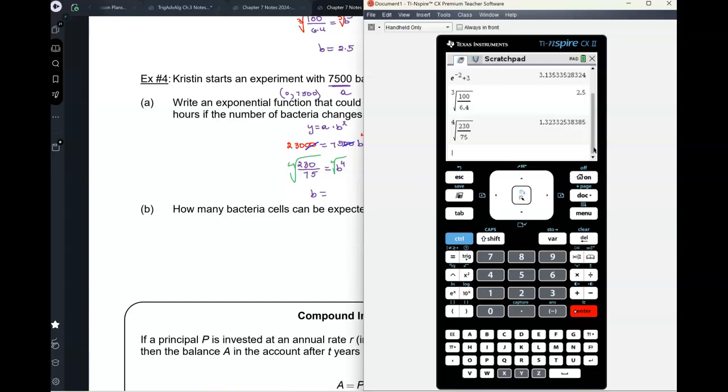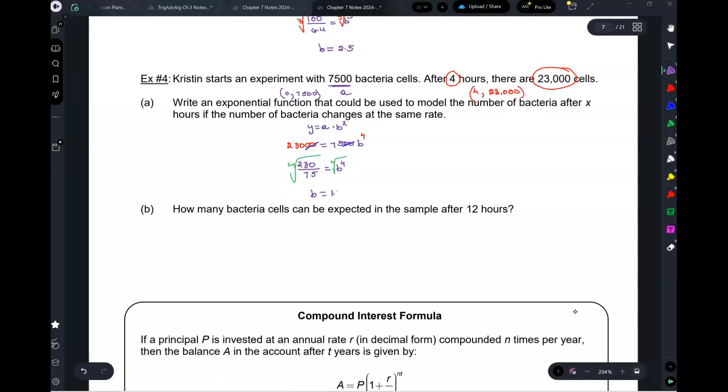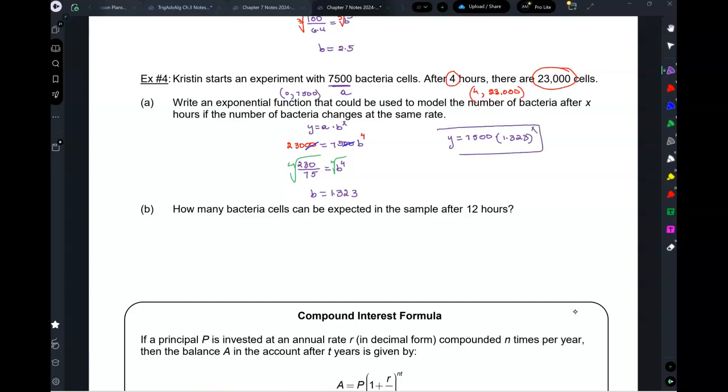Let's round to 3 decimal places, so it's 1.323. All right, let me write the equation. Y equals the initial value, 7,500, times b to the power of x. Okay? All right.